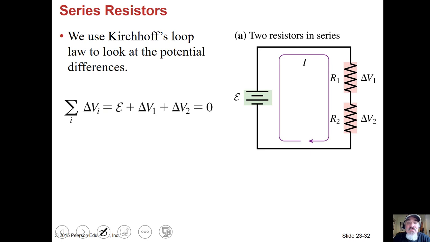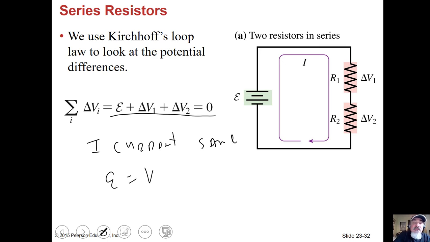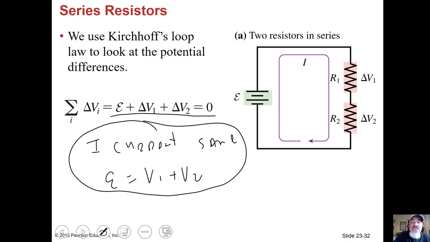Going around the circuit, all the voltages add up to 0. So in series, it's the same current, but the voltages add up. Current, same, but the voltages add up. V1 plus V2. Now it's going to be the opposite scenario with parallel circuits.